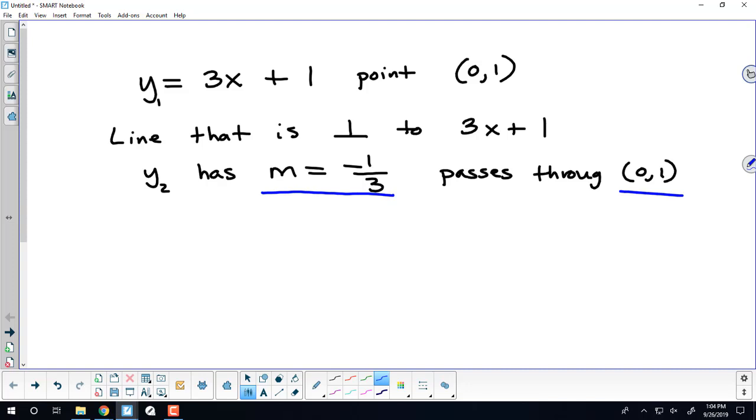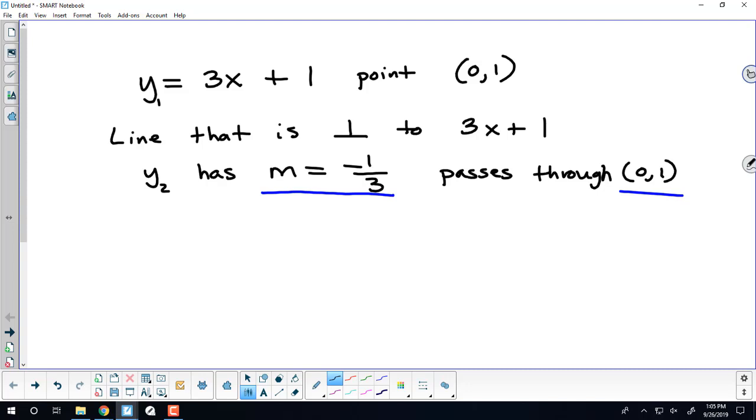So then it's just another equation of the line you have to write. But the key is remembering how to construct a perpendicular line. The slope is the negative reciprocal of whatever other line you're dealing with.